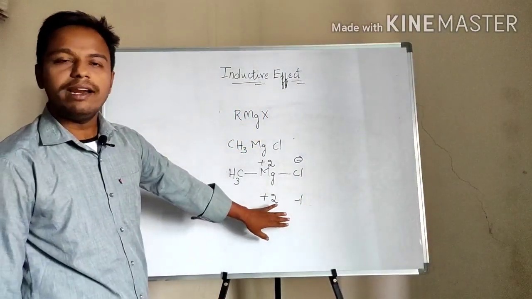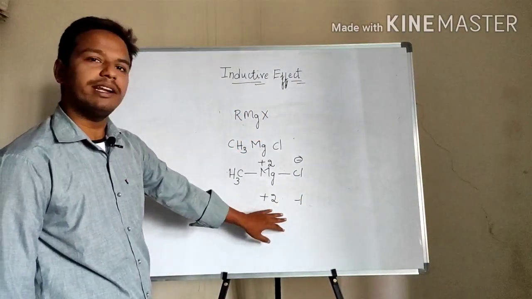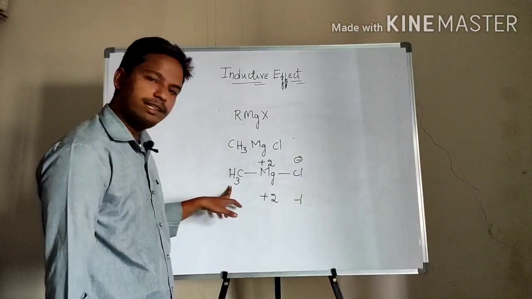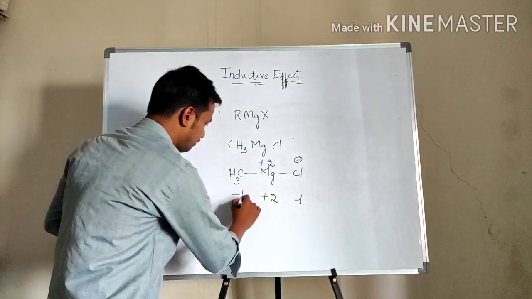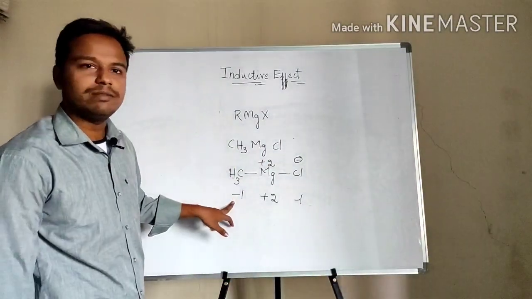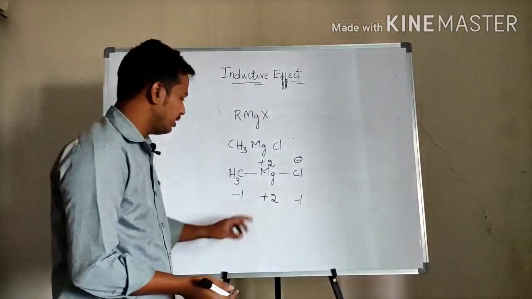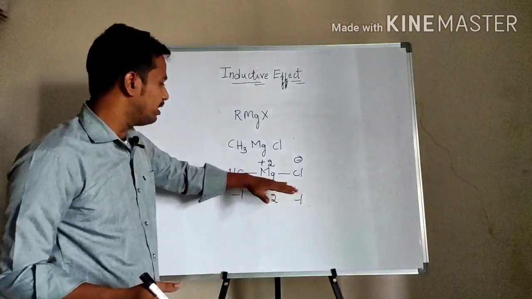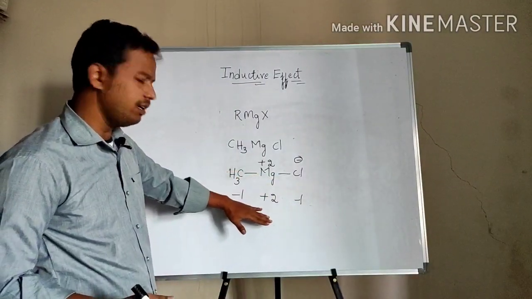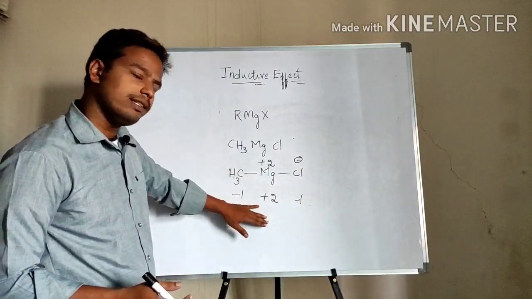So there is no electrical neutrality. In order to maintain electrical neutrality, we denote the carbon atom also with a charge of -1. Now -1 and -1 make -2, and -2 and +2 cancel. So we distribute the charges like this.